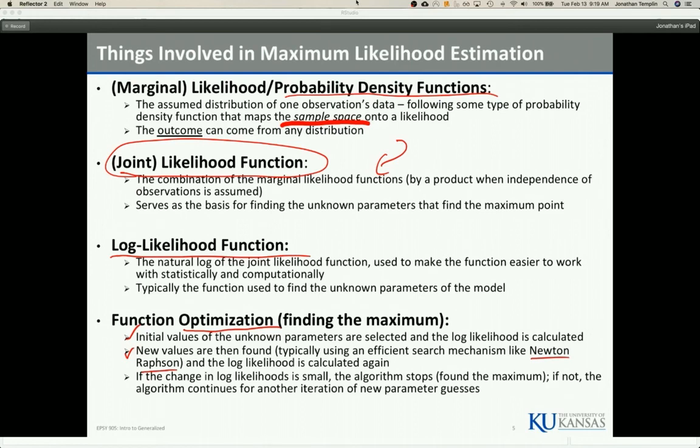Check the log likelihood. Check the difference in log likelihood. And if the change in the log likelihoods is small, then we can stop, effectively saying we're at the maximum. But if not, we keep going. We keep doing that process of guessing parameters, getting the log likelihood, checking to see if the change is small.